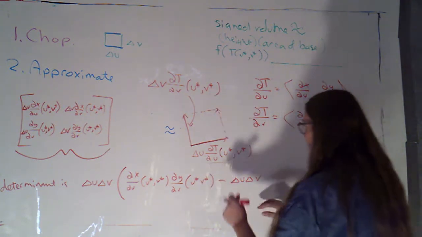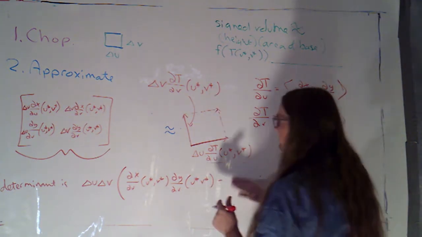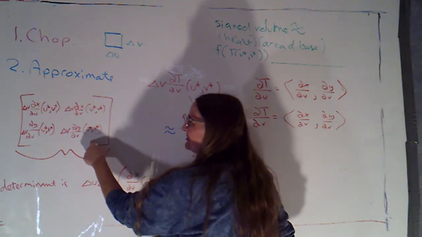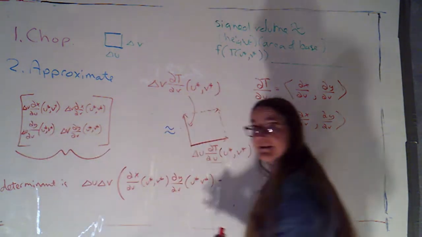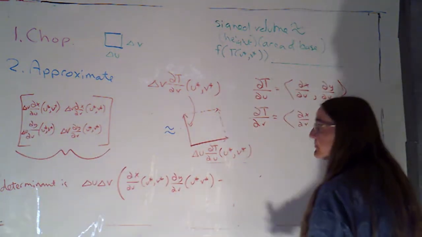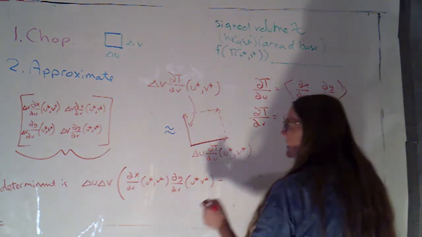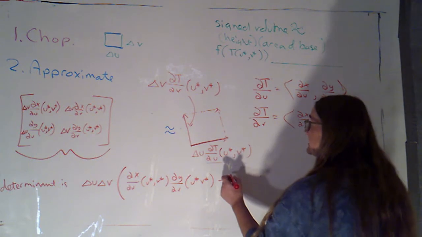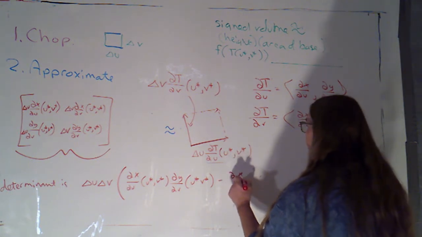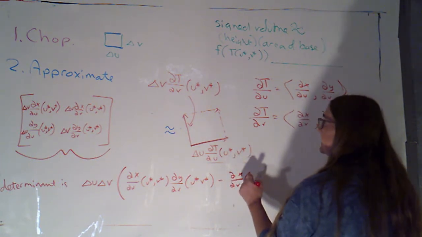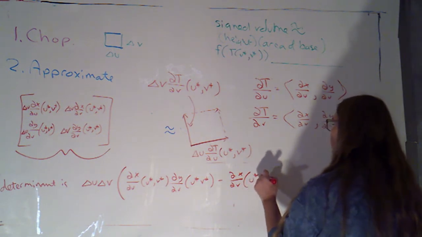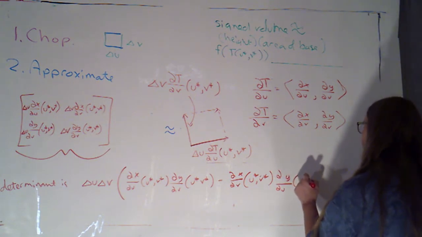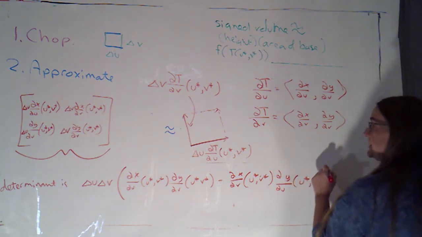Oh, and actually, I see what I was doing. I was just factoring that out. I can see in this diagonal product, I'm going to get a delta u, delta v. In this diagonal product, I'm going to get a delta u, delta v. So I'm just going to factor that out. So delta u, delta v times the partial of x with respect to u, partial of y with respect to v, minus the partial of x with respect to v at u star v star times the partial of y with respect to u at u star v star.